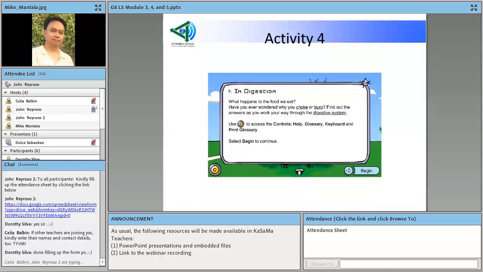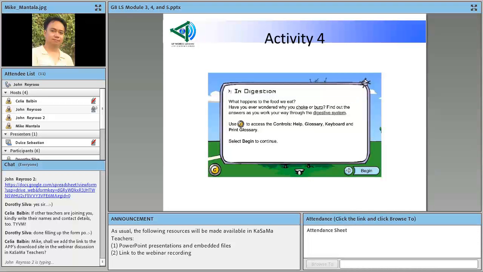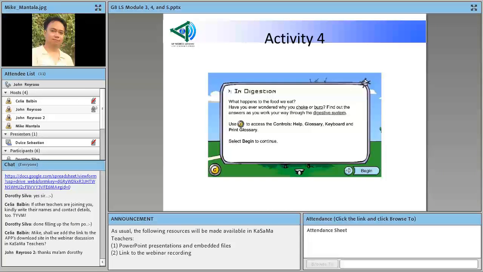So depending on the answer given by the student, kung sasabihin niya halimbawa, no, I'm not going to chew the food anymore, no, I'm not going to add saliva to the food I ate, may mga corresponding consequences yung mga yon. Tapos, kung halimbawa hindi niya i-chew yung food, if the student, for example, opted not to chew the food, pwede siyang ma-choke. Tapos, magkakaroon ng animation doon of the person choking.